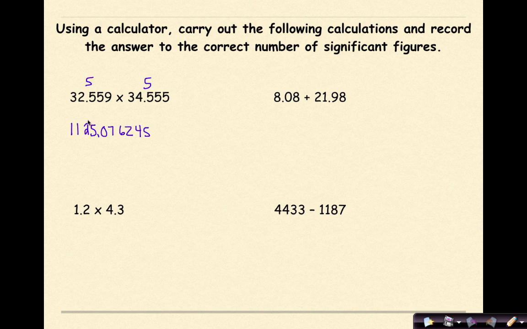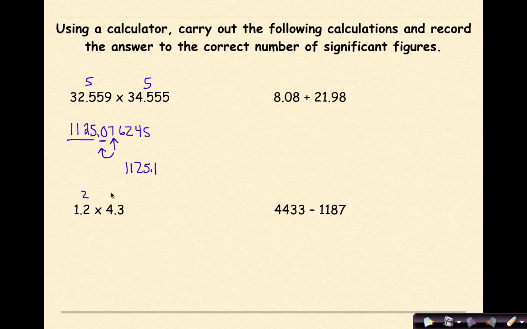But again, I can only have 5 numbers in my answer. So I'm going to take these 4 and I'm going to take the decimal and the 0, but I have a 7 here, so I'm going to round up, which means my final answer for this one is going to be 1,125.1.